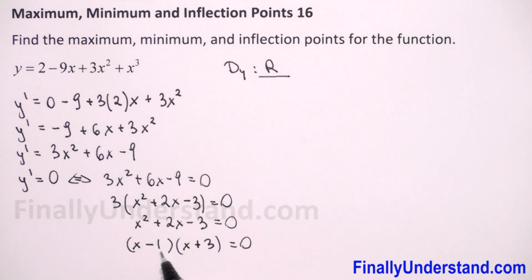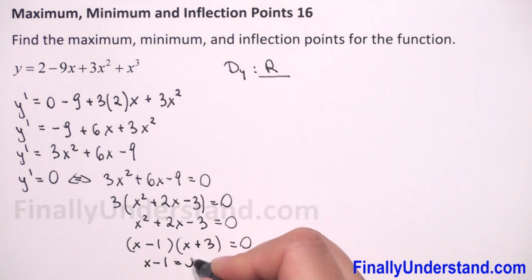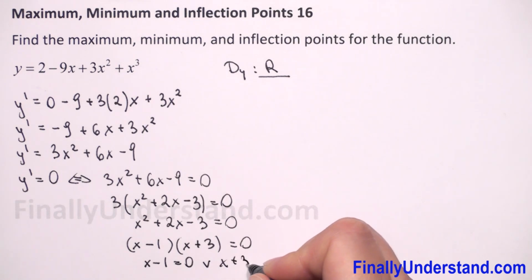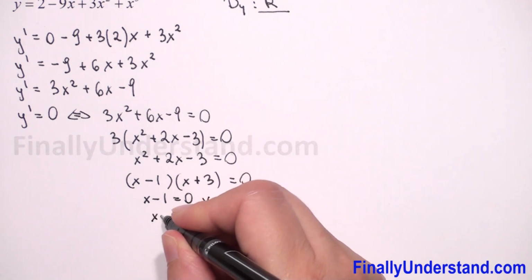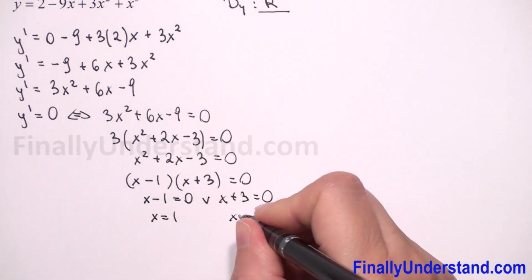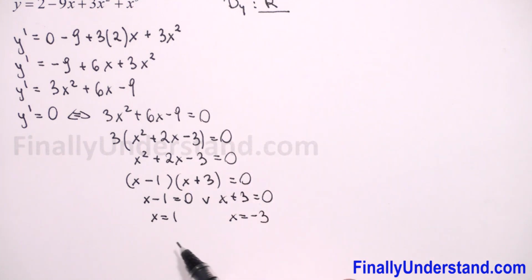So the left side will be 0 when x minus 1 is 0 or x plus 3 is 0. We have to solve these two linear equations. So we have x equals 1 and x equals negative 3. We got two critical values.